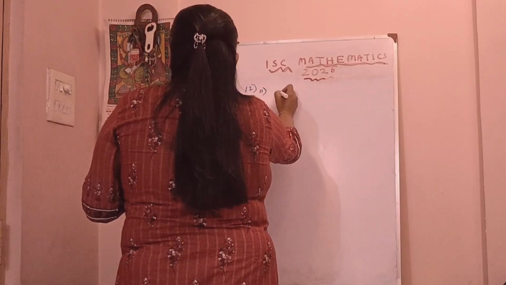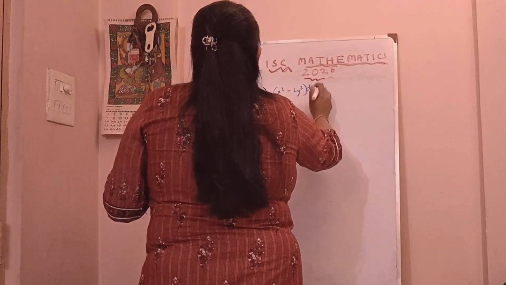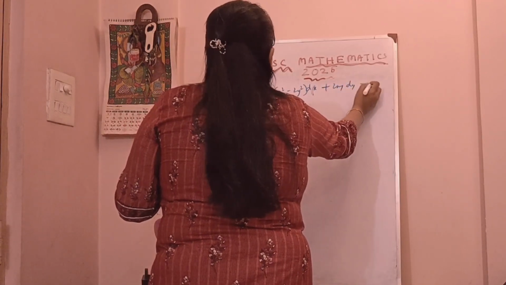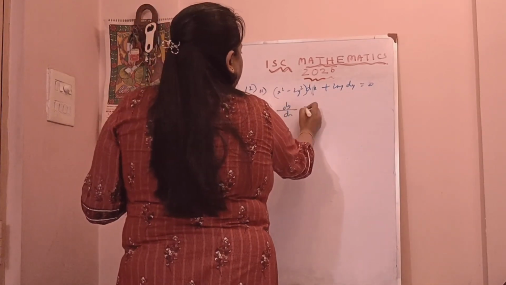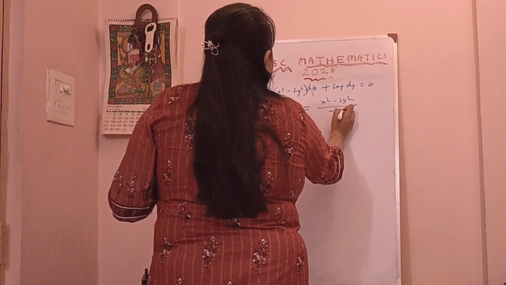Subpart 2: it should be dy/dx = (x² − 2y²)/(−2xy).